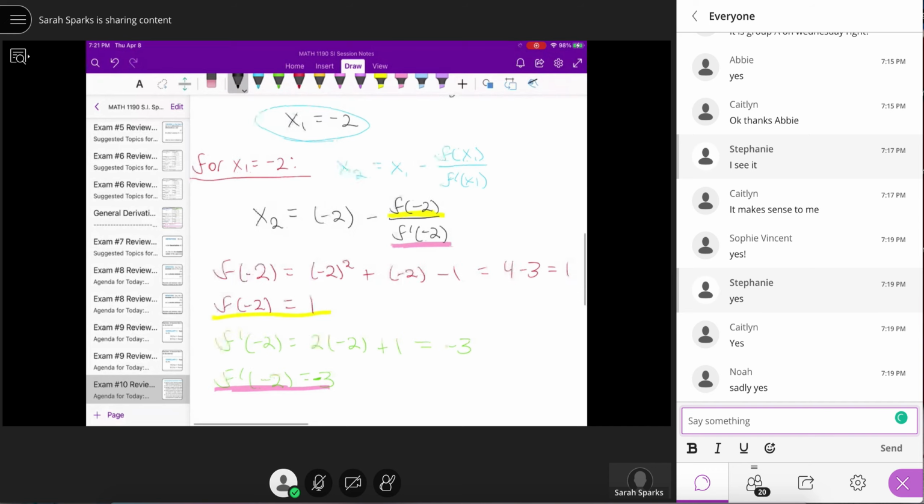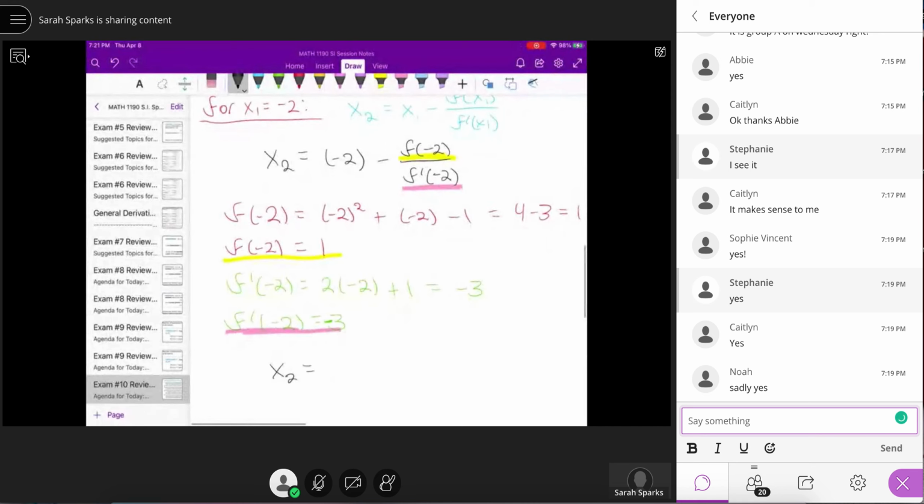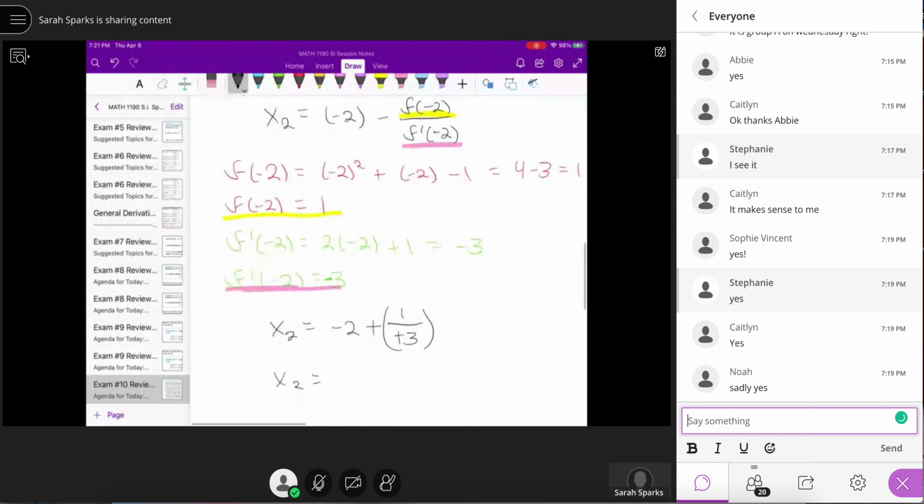So our x2 is going to equal -2 minus 1 over -3. You see that those negatives are going to cancel out, so that x2 is going to equal -2 plus 1/3.